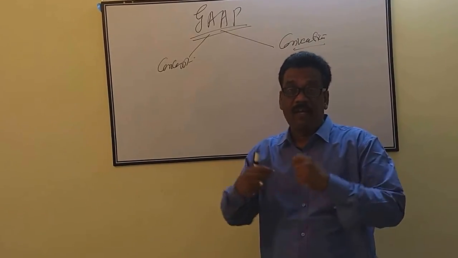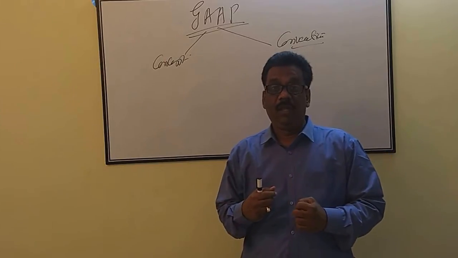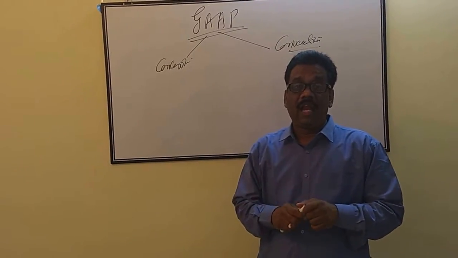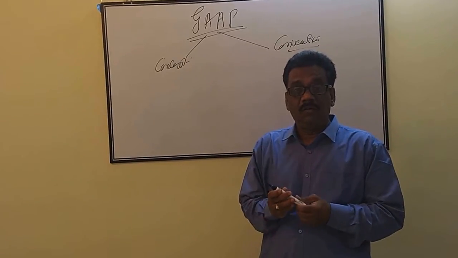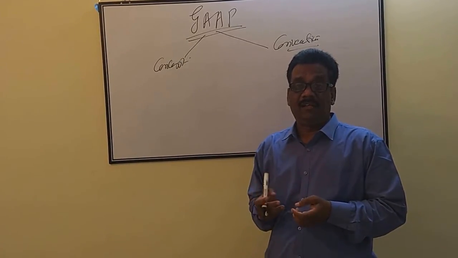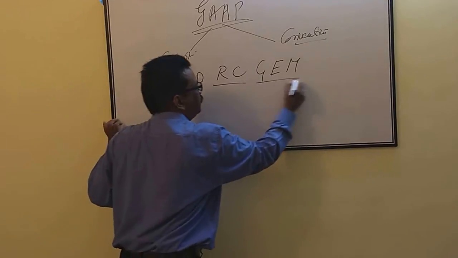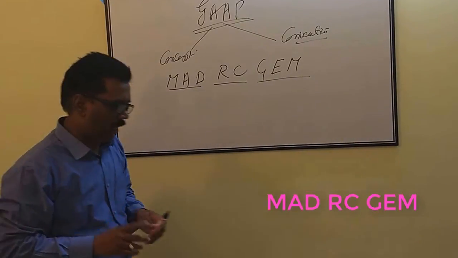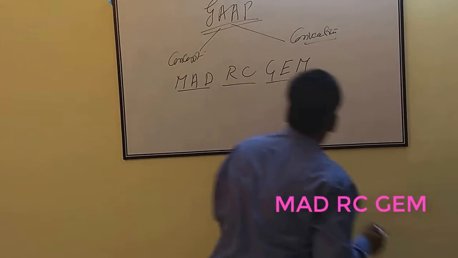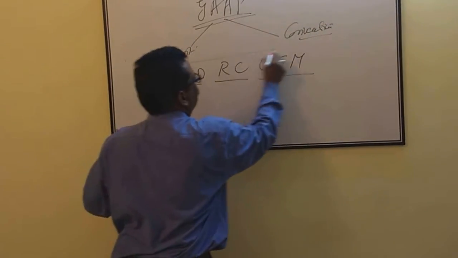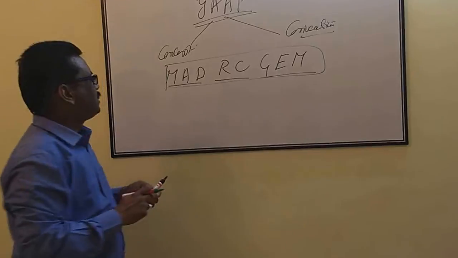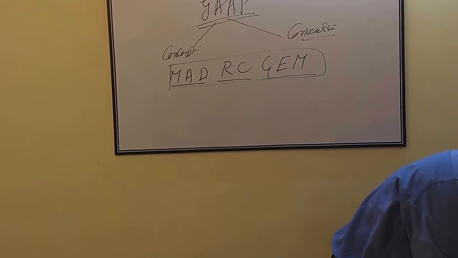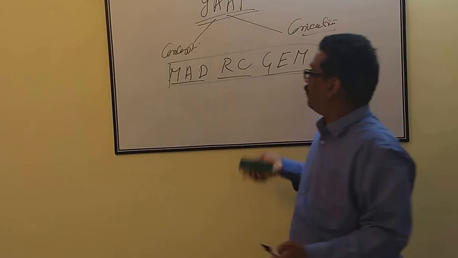There is no specific order. But to memorize them easily, there is an acronym that one can easily memorize. Let us have a discussion on all these concepts one by one.